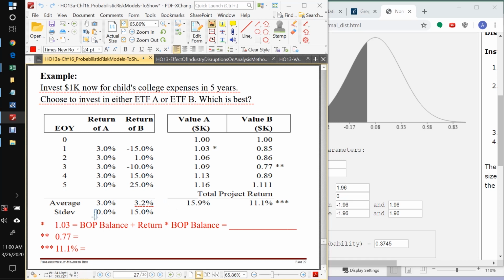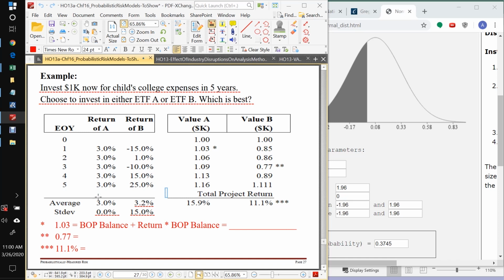But it's also good to look at, and important to look at, the volatility of the returns measured by something like the standard deviation of returns. In this context, standard deviation is a nice thing to use.